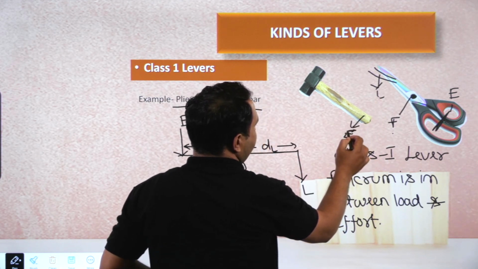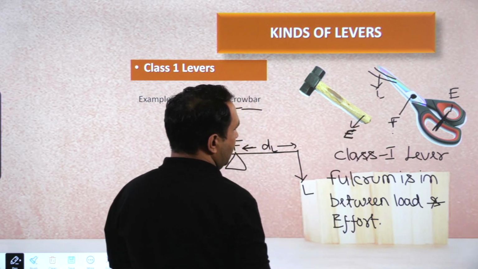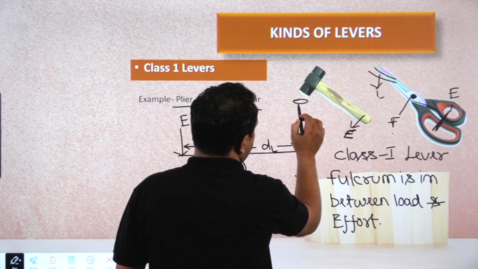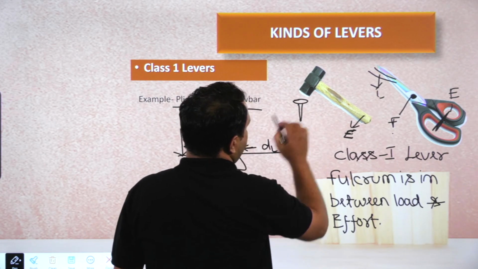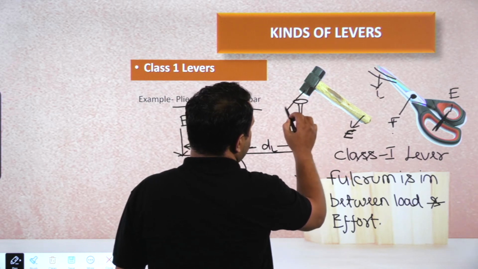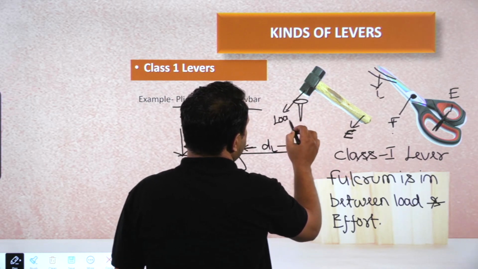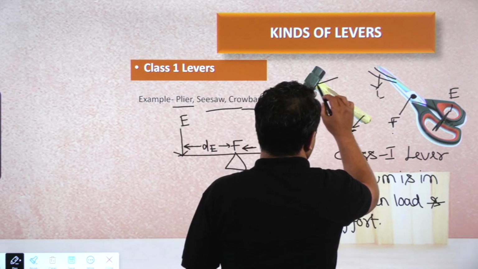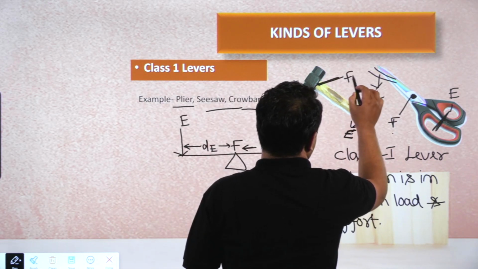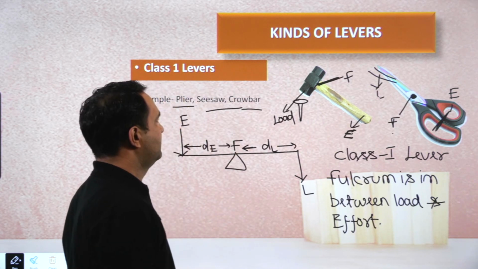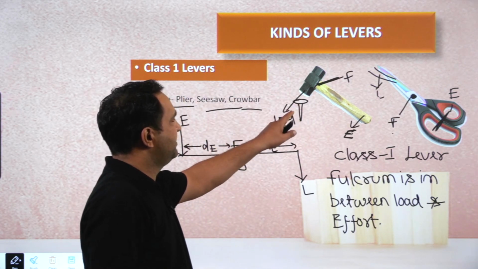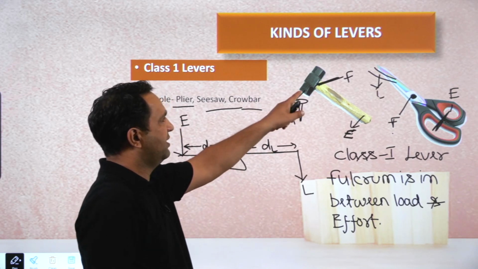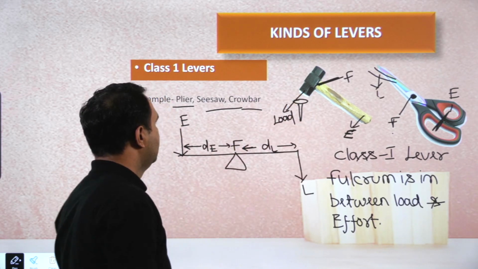Here will be some load. Suppose that we have to knock this nail. Then this is the load point, and this is the fixed point, the fulcrum. Again, the fulcrum is between load and effort.